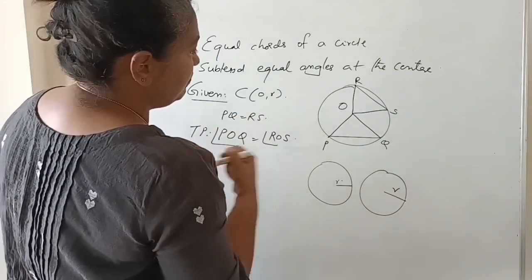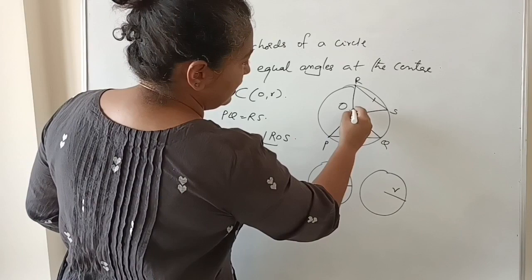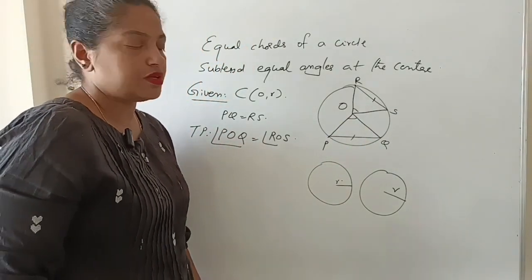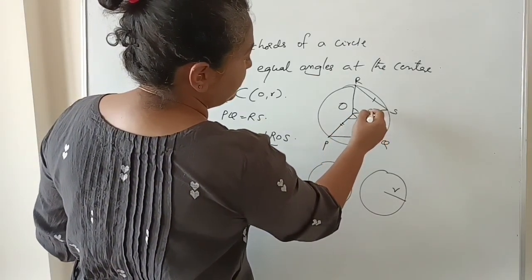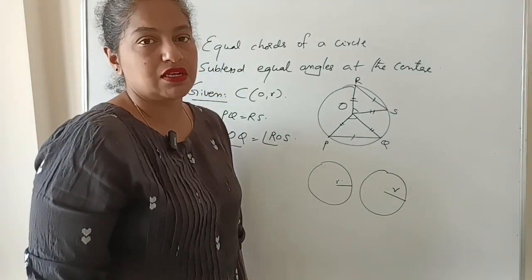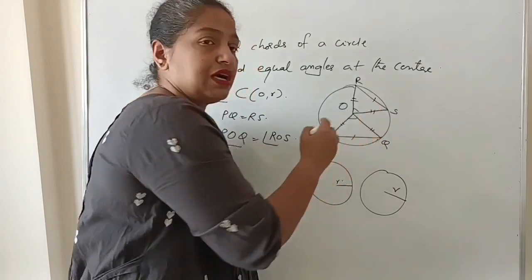Okay, so now let us do this. It is given that PQ is equal to RS. We need to prove that this particular angle and this particular angle are equal, that is, the angle subtended by the chord. Now we know that OP is equal to OQ is equal to OS is equal to OR. What is the reason? They are all the radii of the same circle. And PQ is equal to RS is already given.